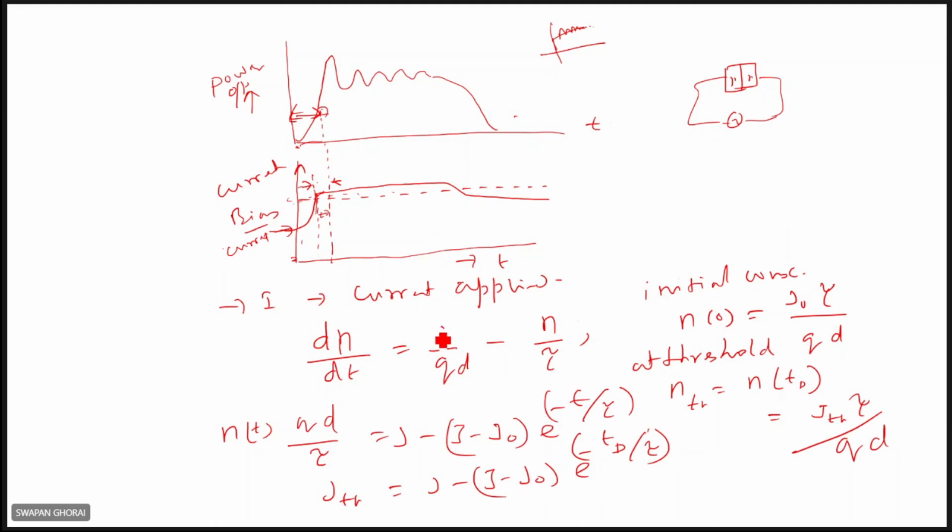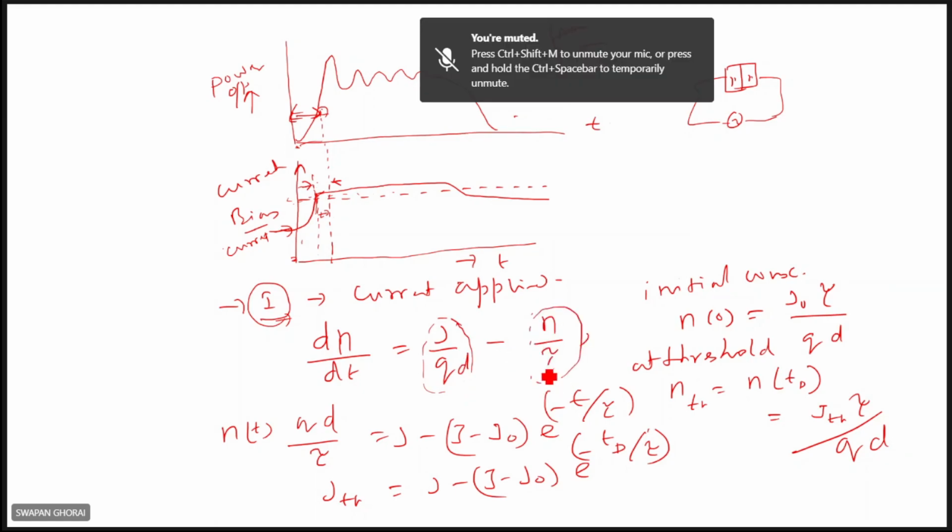Suppose you are applying some current that reaches a value of I. Because of the injection of current, excess carriers will be generated, as we have seen several times, in LEDs also. The excess carriers generated in semiconductors follow dN/dt = J/qd − N/τ. Here J/qd is the number of carriers generated, and N/τ is the number of carriers recombined.